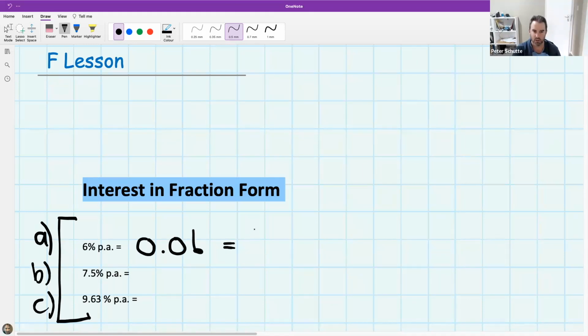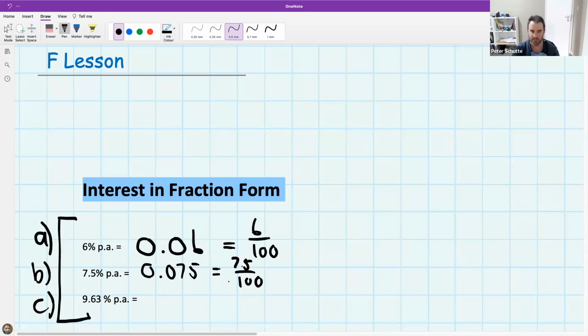One of the ways you could have done it is just going 6 divided by 100. And then 7.5%. Or you could write it as 7.5 over 100.